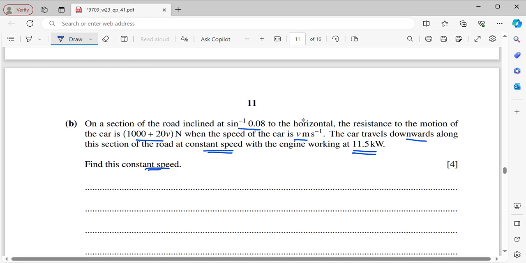Find this constant speed. Okay, that means this is the diagram. Let's say here is alpha. So alpha is inverse sine 0.08. That means sine alpha is 0.08.